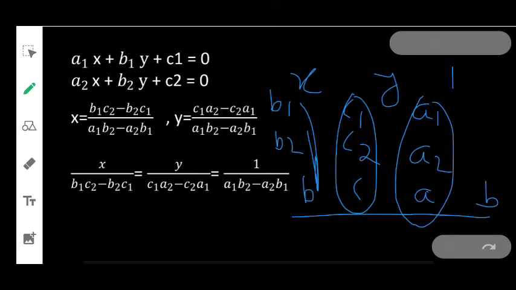Now the constants c1 c2, remove this part.